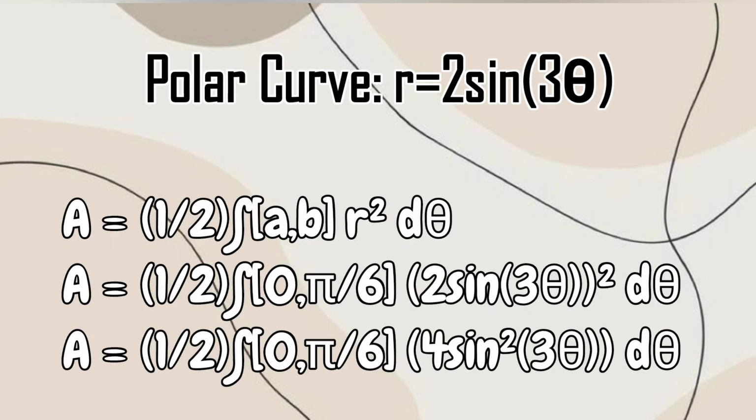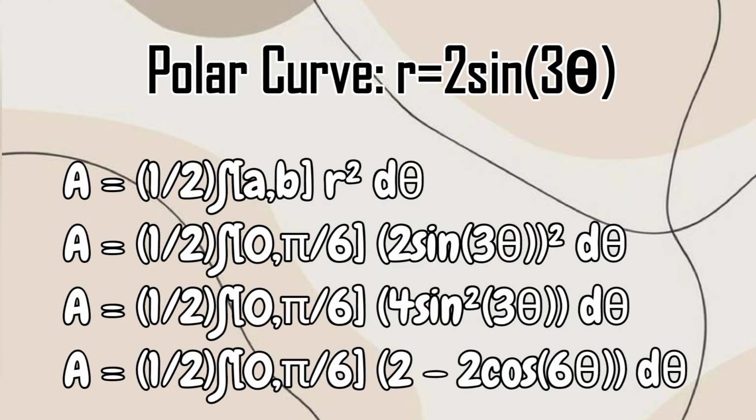Since it's squared, it will become 1/2 the integral from 0 to pi over 6 of 4 sine squared 3 theta d theta, and that would also be equal to 1/2 the integral from 0 to pi over 6 of 2 minus 2 cosine 6 theta d theta.